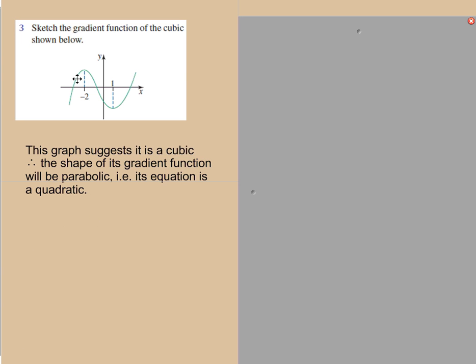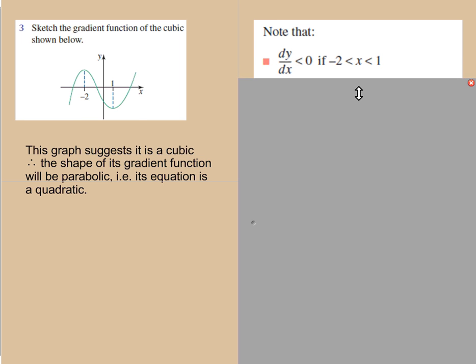Now in this example, it suggests a cubic, and it's suggesting that it has a turning point at -2, another turning point at 1, and we know that for a cubic, when we take its derivative, the derivative of x cubed is 3x squared, so we know that the gradient function of this is going to be of the form of a quadratic.